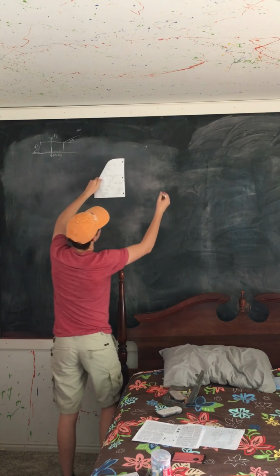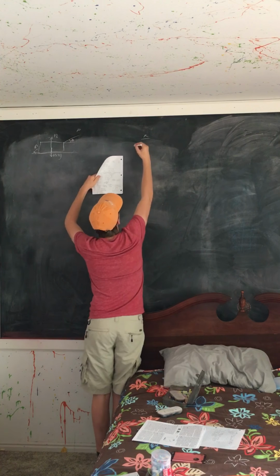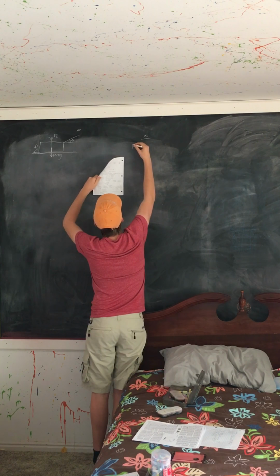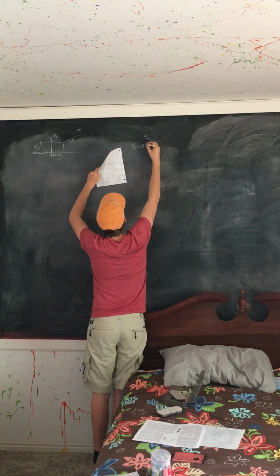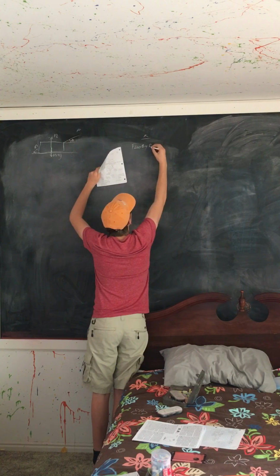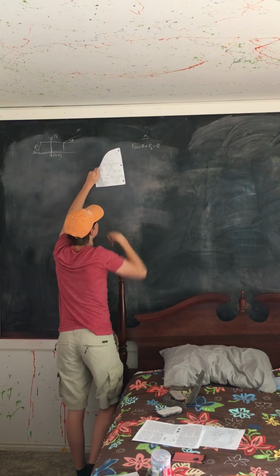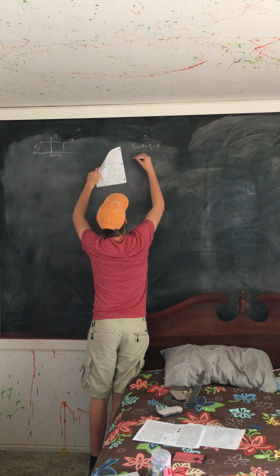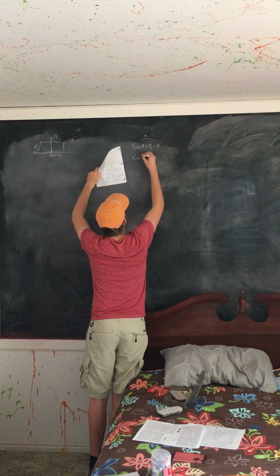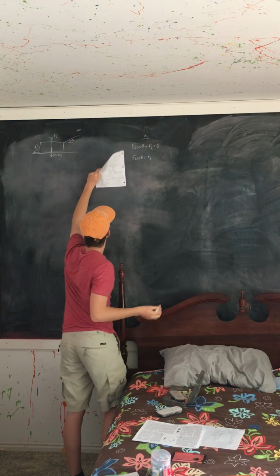Then we can set up equations for x and y. In x, the sum of forces is F cosine theta minus the force of friction equals 0. So F cosine theta is equal to the force of friction.